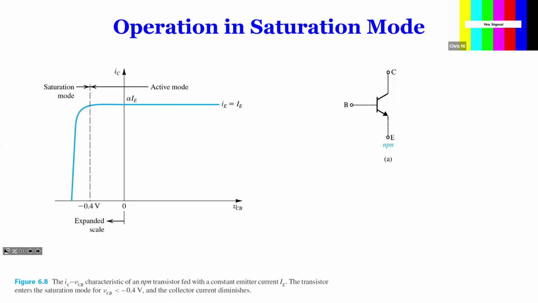So this shows you how it can work in the saturation mode. The saturation mode basically depends on the voltage VCB. If VCB is big enough, it's going to work in the active mode. When VCB is reduced to below 0, basically below 0.4, it starts to go into the saturation mode.